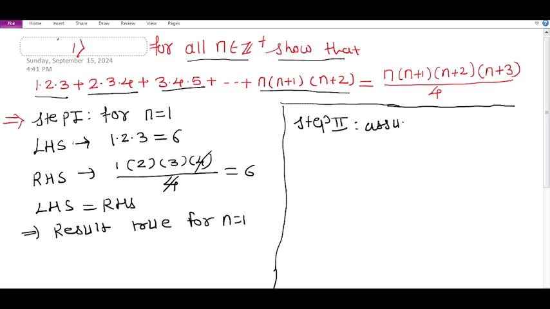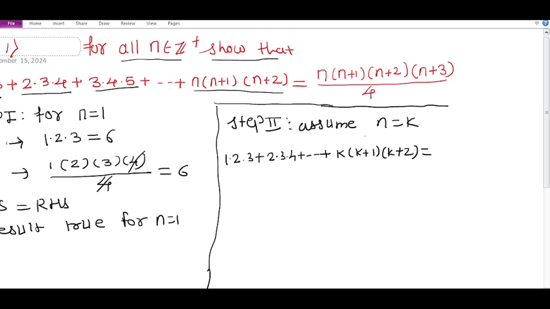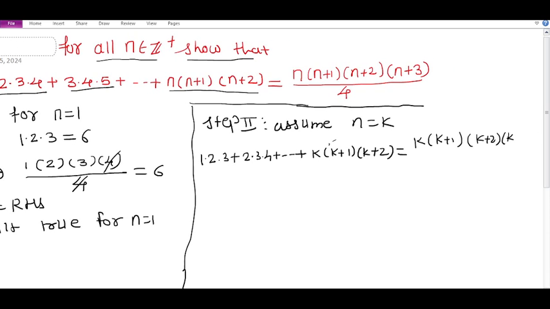Now next, in step number 2, we assume that the result is true for n equal to k, that is, 1 into 2 into 3 plus 2 into 3 into 4 plus dot dot dot plus k into k plus 1 into k plus 2 is equal to k into k plus 1 into k plus 2 into k plus 3 divided by 4.